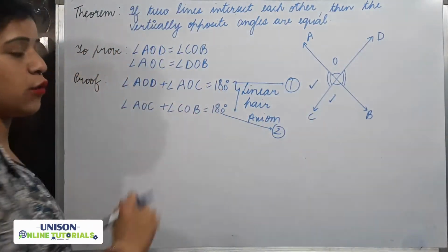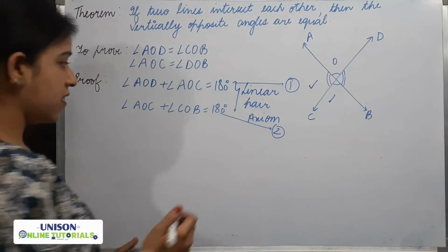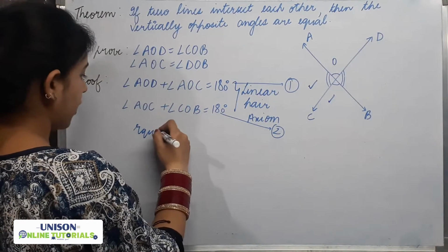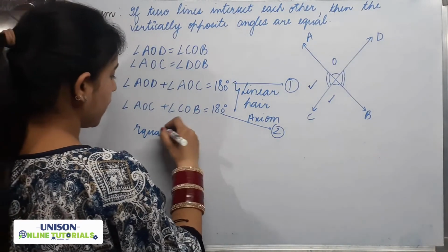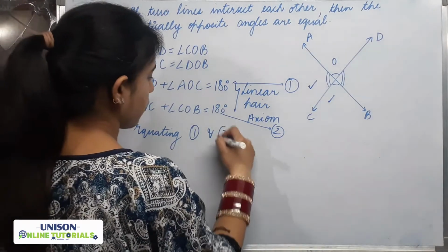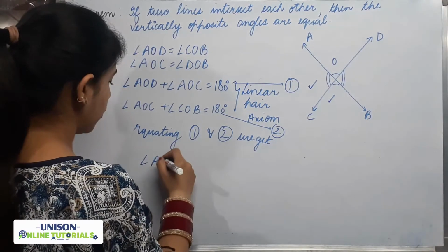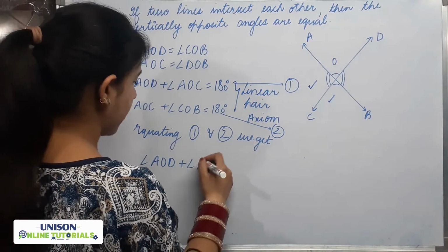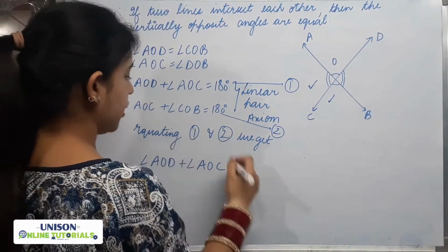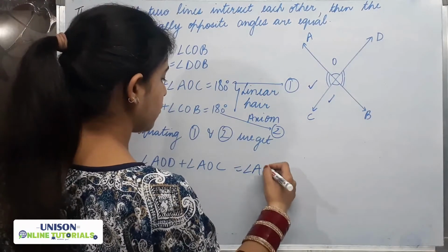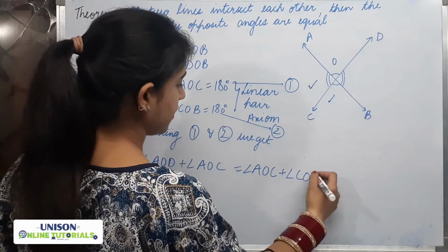Both these equations are equal to 180 degrees, so we can equate them. Equating 1 and 2, what do we get? We get angle AOD plus angle AOC equals angle AOC plus angle COB.